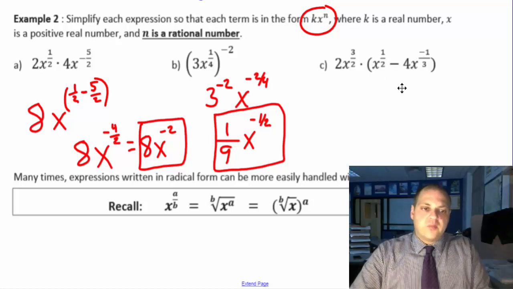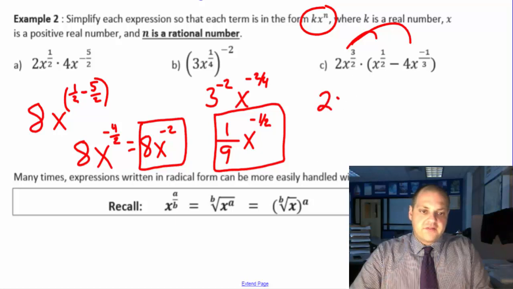All right, this one here, we got some work to do. We're going to distribute. So 2x to the, now 3/2 plus 1/2 is 4/2. So this times this here is 2x to the 4/2. You have to add the exponents.